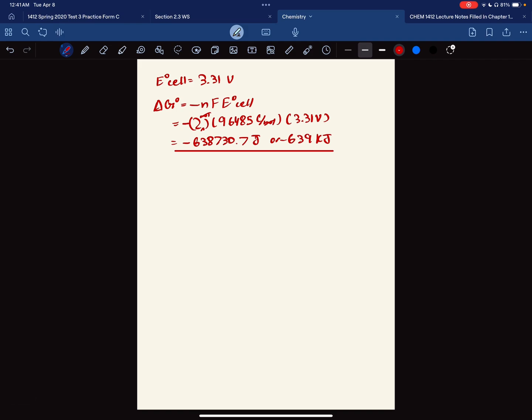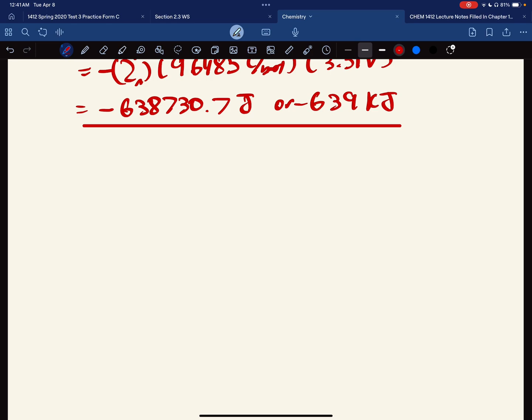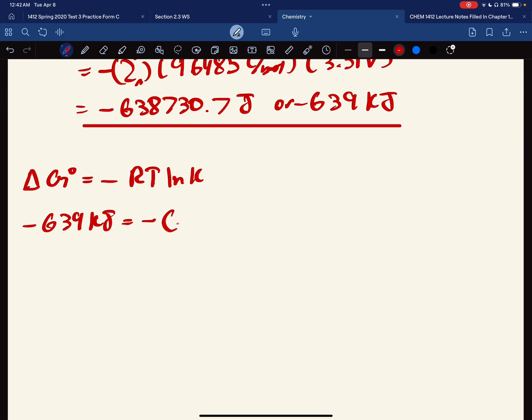The last thing we have to find out for this question is going to be the equilibrium constant K. So delta G can also be used in the form of negative gas constant, temperature, ln of K. So in this situation, it's going to be negative 639 kilojoules for delta G, equals negative the gas constant.